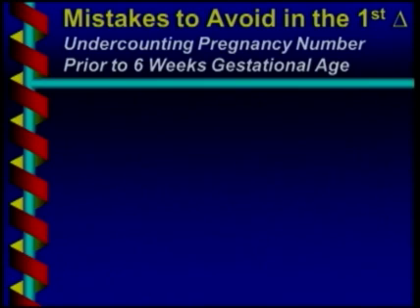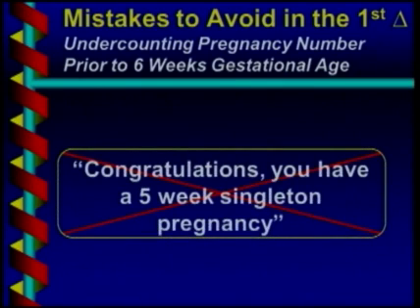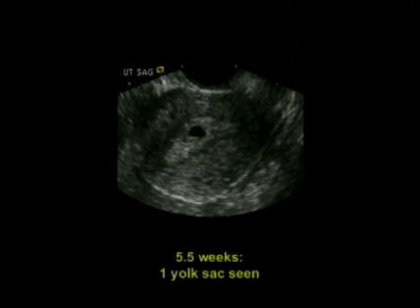Another mistake to avoid in the first trimester is undercounting pregnancy number prior to 6 weeks gestational age. The mistake that you can make here is to say, congratulations, you have a 5-week singleton pregnancy. And we'll see in a minute why this is an erroneous statement that you have to be careful about.